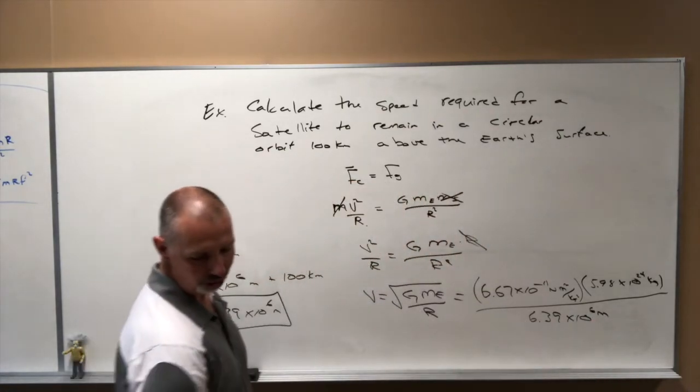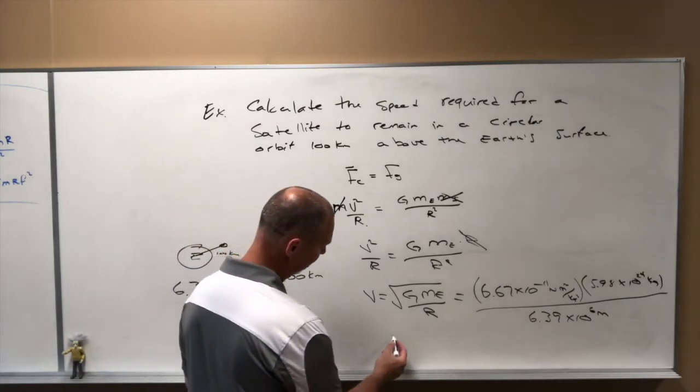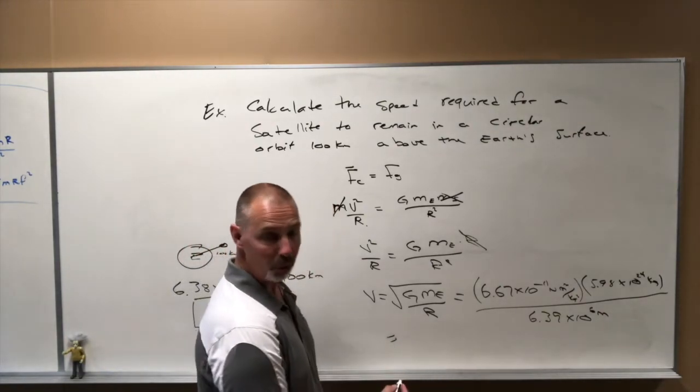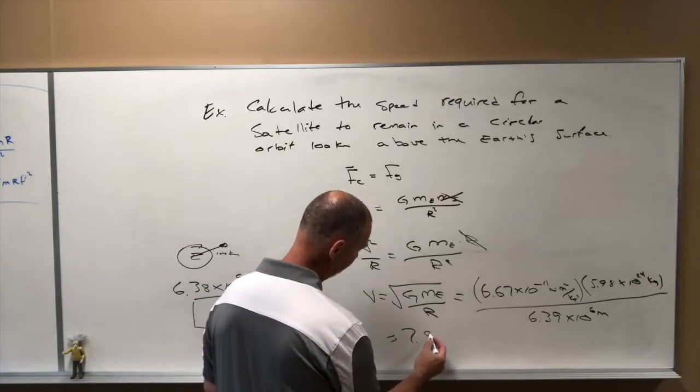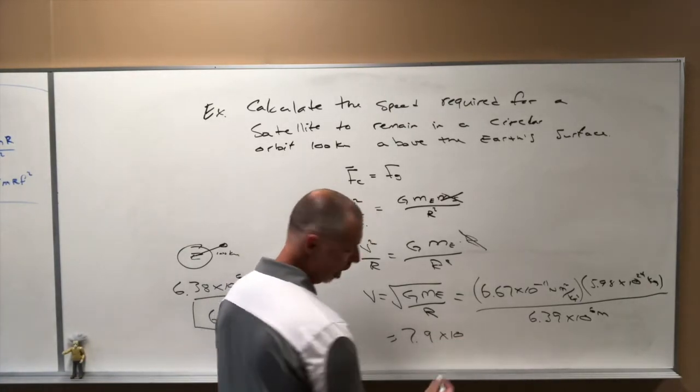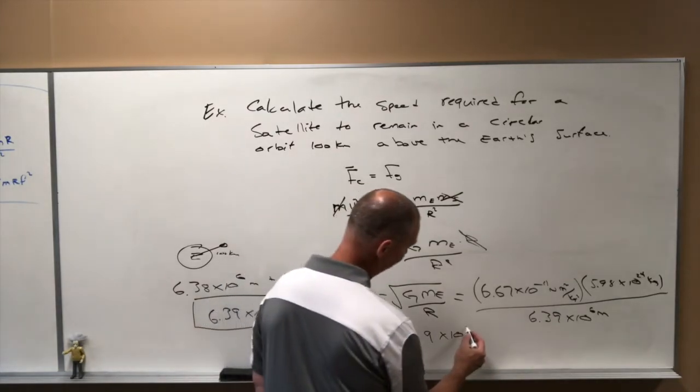Plug that into your calculator and you will get a velocity of 7.9 times 10 to the 3 meters per second.